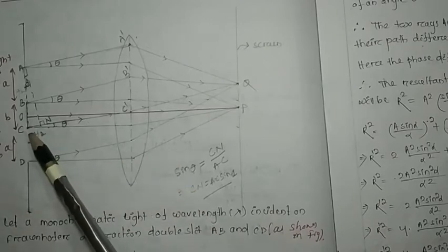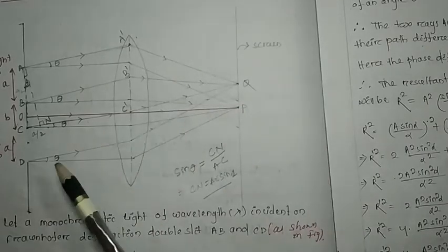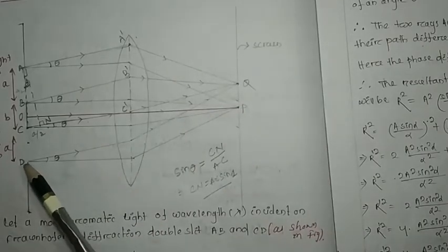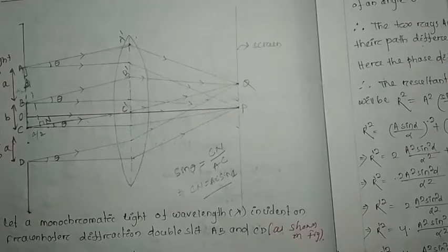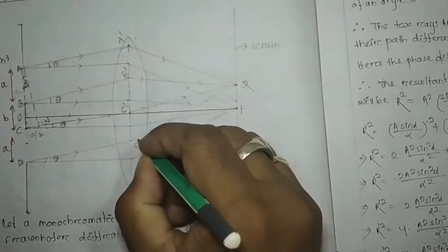Some rays will be diffracted from C along C to C dash to Q, and some from D to D dash to Q.